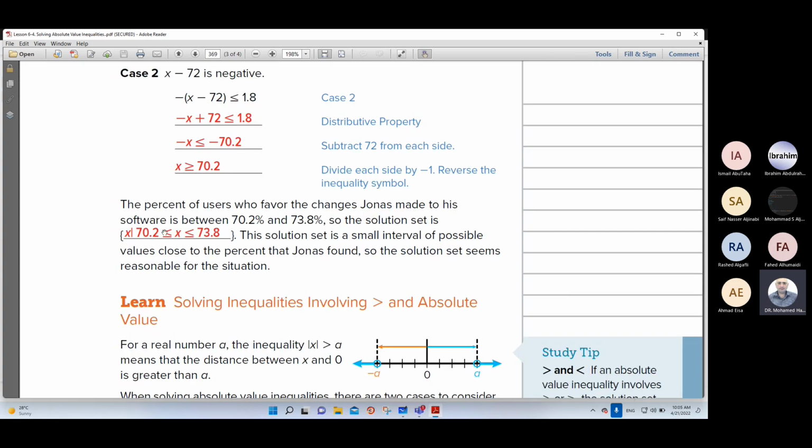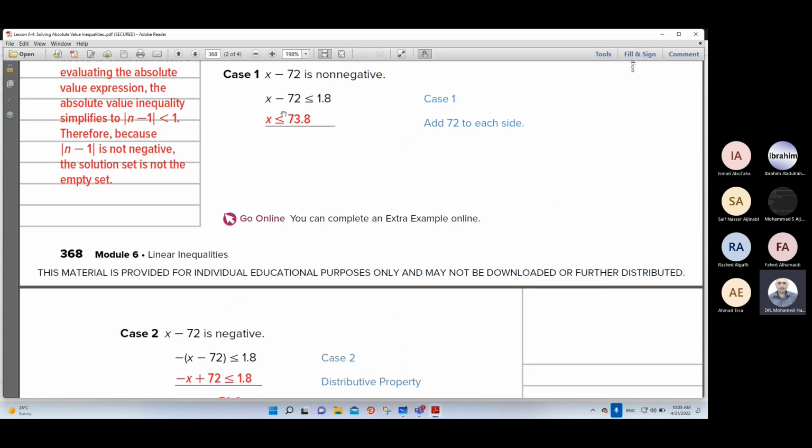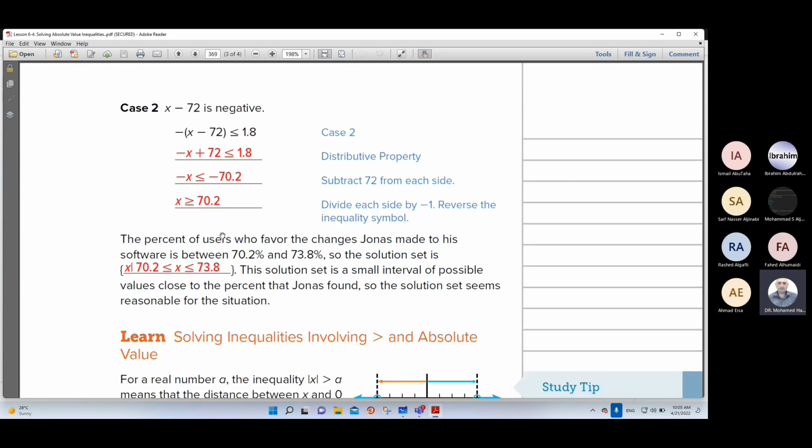So the percent of users who favor the changes Jonas made to his software is between 70.2% and 73.8%. Between this value and this value.